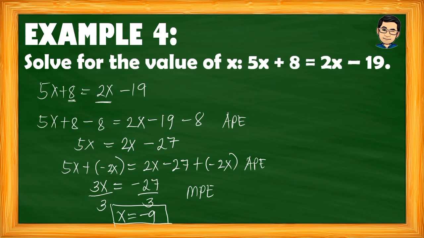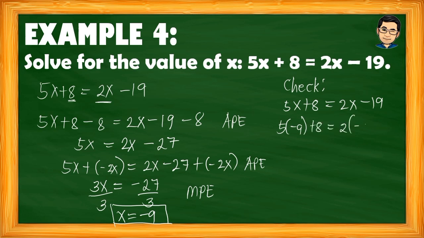Let's check. So, check natin yung sagot kung tama. So, x is equal to negative 9. So, 5 times negative 9 plus 8 equals 2 times negative 9 minus 19.